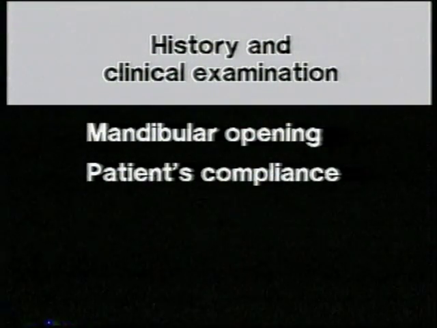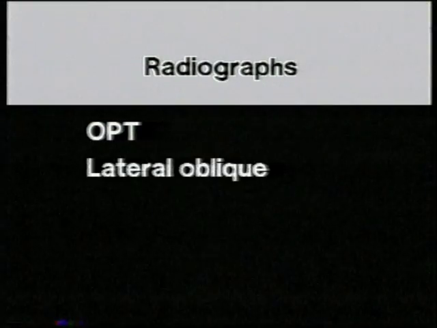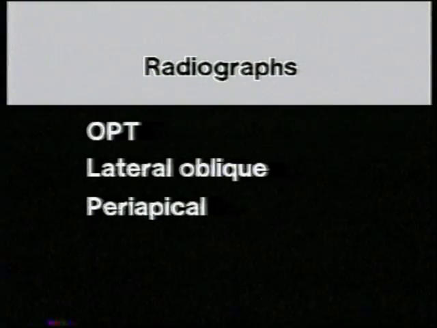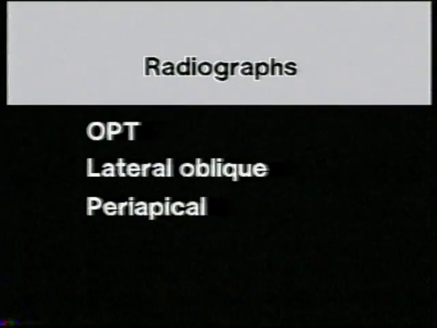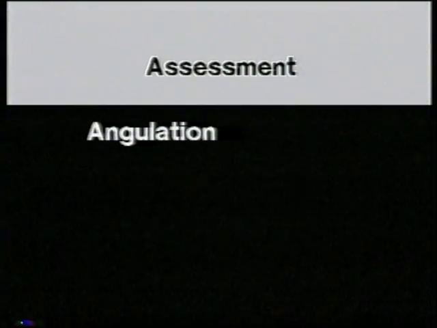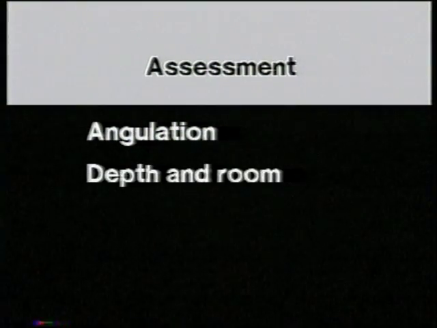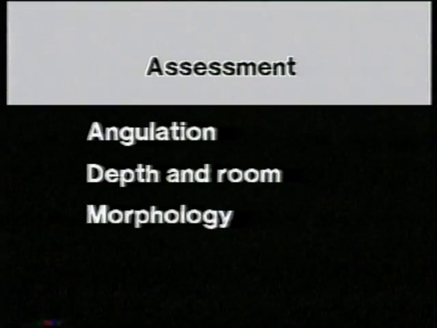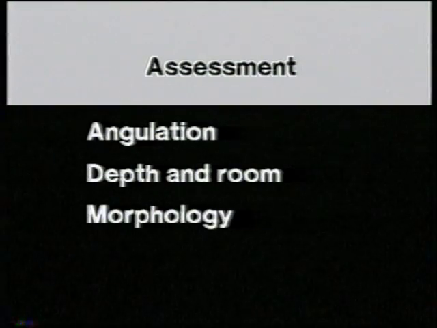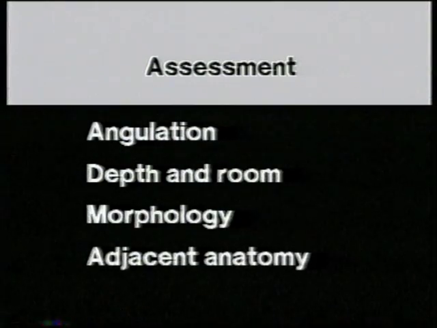Next, we need to obtain appropriate radiographs, that is, an orthopantomogram or lateral oblique, and periapical views of the third molars. From these, we can proceed to a reasoned assessment, in which we can classify the angulation of the impaction, assess the depth and the room, describe the essential morphology of the third molar itself, and the anatomy of the adjacent structures.